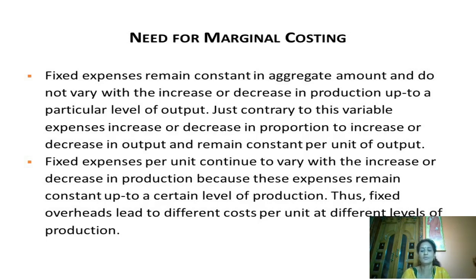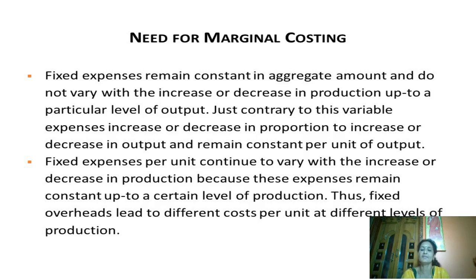For the variable cost, whatever cost is incurred will be multiplied by the number of units. Suppose 6,000 units and the administration cost is 30 per unit. So 6,000 into 30 we find the variable cost. Whereas the fixed cost, irrespective of the number of units manufactured, remains the same. So 1 lakh is fixed for administration.